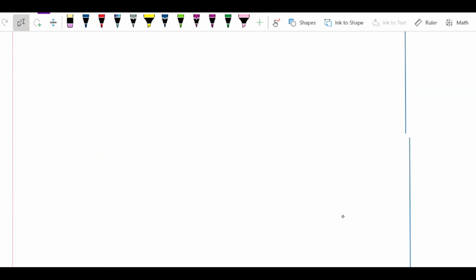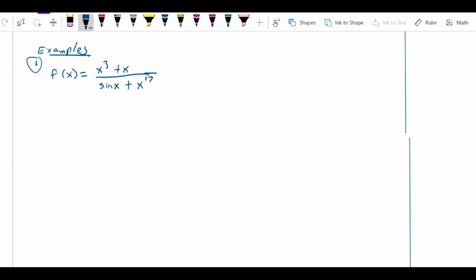Let's use the algebraic definition of even and odd to evaluate whether certain functions are even or odd. The way that you evaluate whether a function is even or odd, or neither, by the way, it's possible for a function to be neither even nor odd, is you evaluate f of negative x and see if you get either f of x or negative f of x.